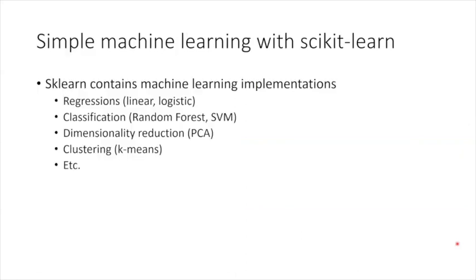And one last thing before we end, I just want to go over some simple machine learning with scikit-learn. So sklearn has many, many machine learning implementations, ranging from simple things like regressions to classifications, dimensionality reduction, clustering, and so on.